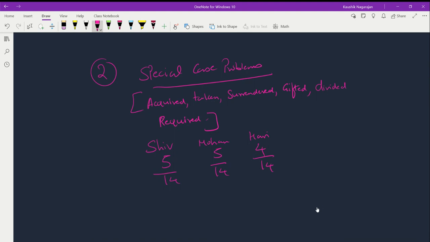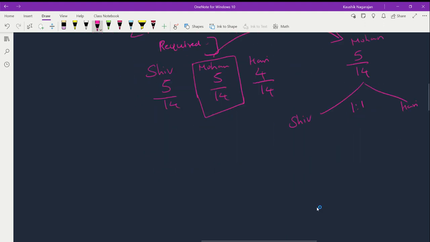So in this problem, Mohan is the partner who is retiring from the business. In the special case, take him out of the cluster. So just put him out, and here you write his share once again, 5 by 14. Now it was said that this 5 by 14 share is going to be taken up by Shiv and Hari equally, that is in the 1:1 ratio.